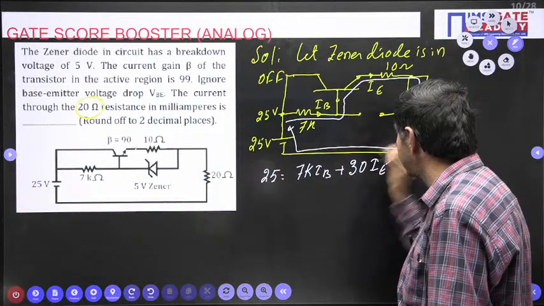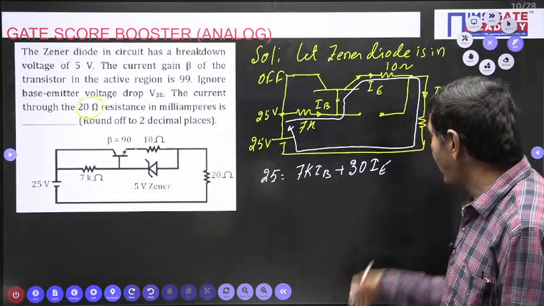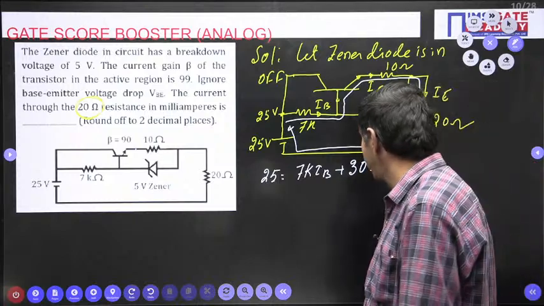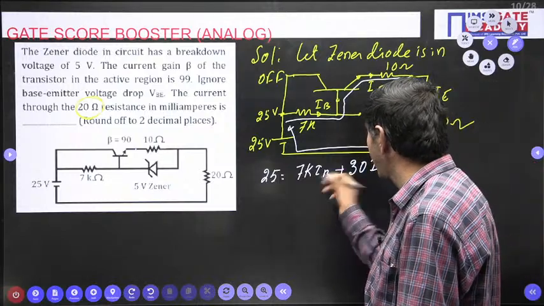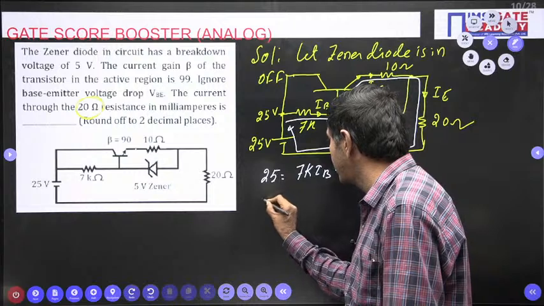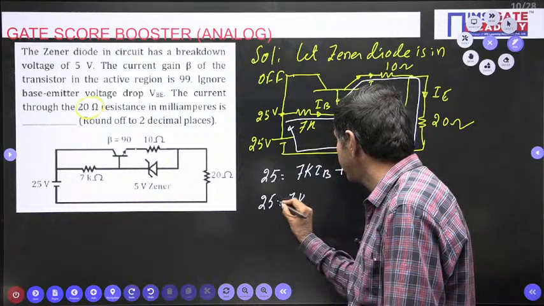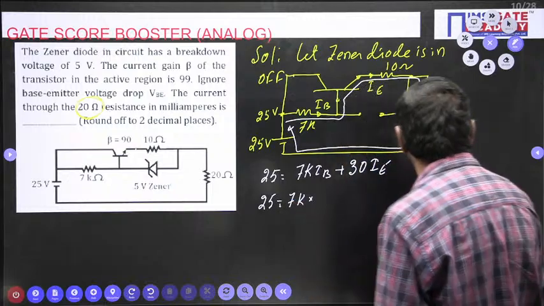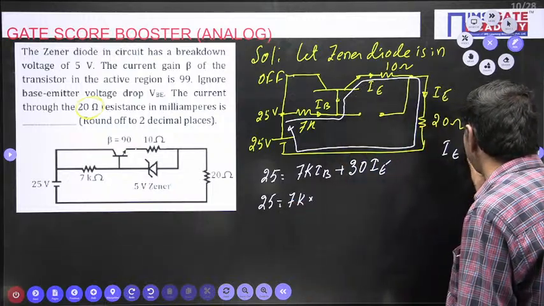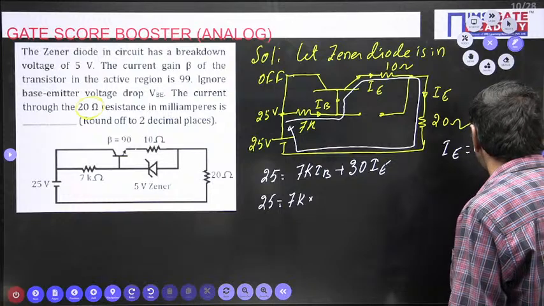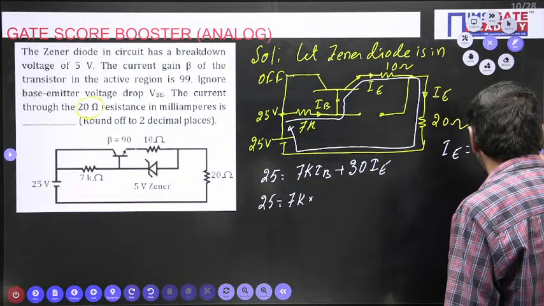But IE I want to convert in terms of IB. You can convert now. 25 equals 7K times base current, and you know very well, emitter current equals 1 plus beta times IB, no doubts.